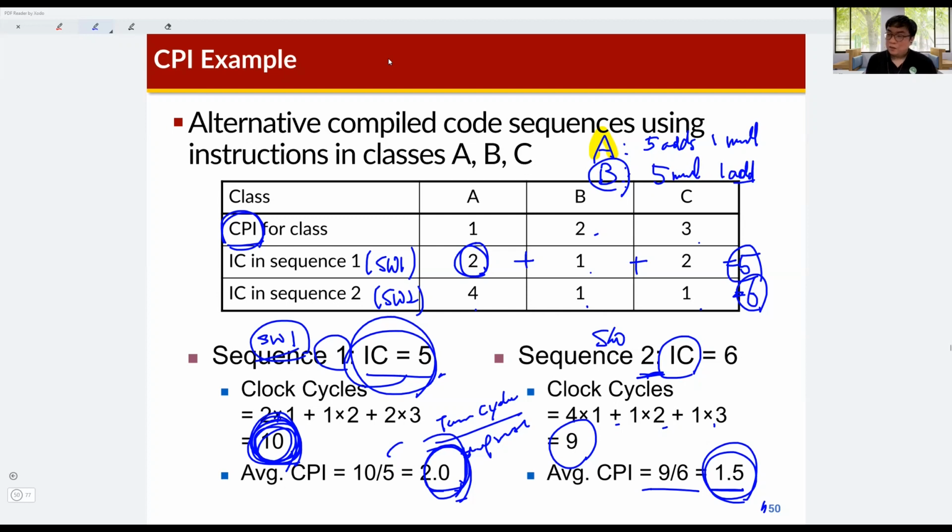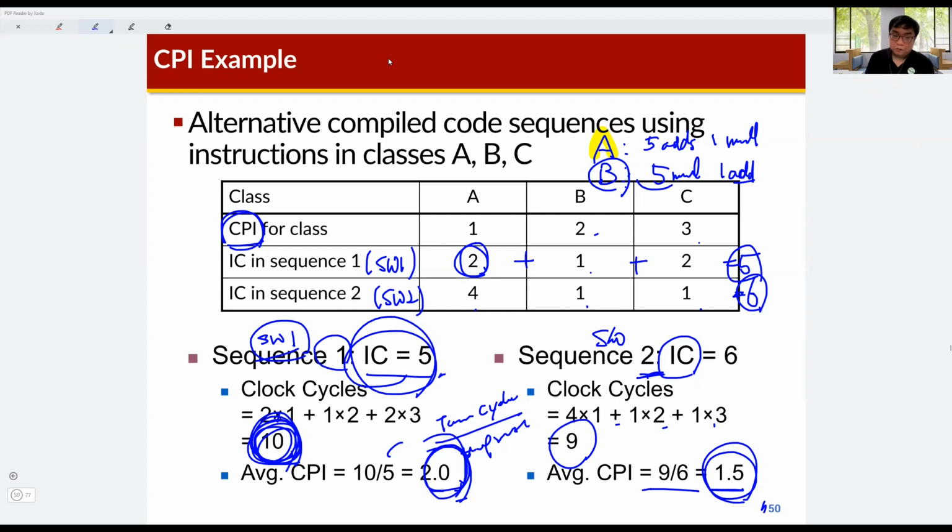I said the multiplication is more complex than the add instruction. So that means the multiplication instruction, not always, but it will take more cycles than the add instruction. Because these fractions of instructions are different for different applications, the CPI can also be different for different applications. Okay, so you need to remember this.